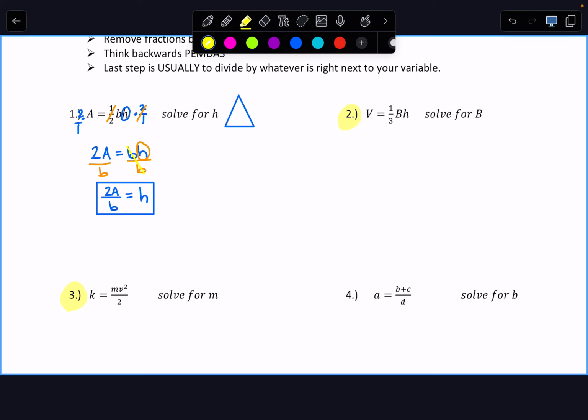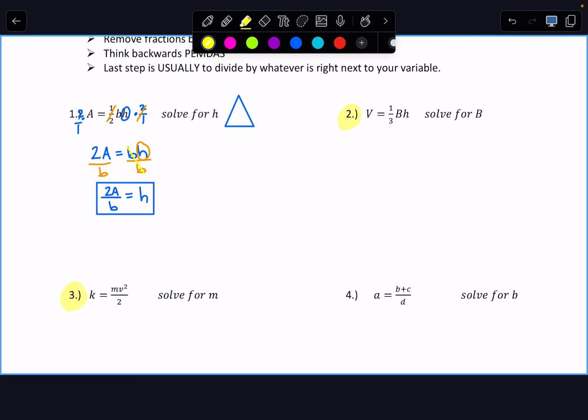So you don't need to worry about a square root because the square stays with the v and just the v. The square is with the v, not the n. So how do you undo that too?